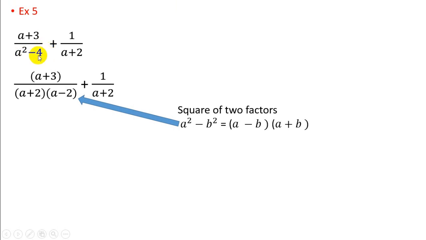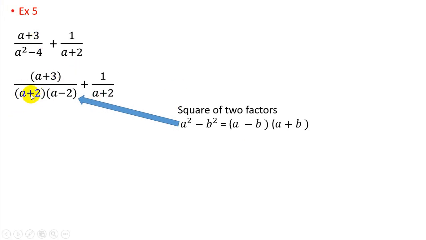So a square minus 2 square means a minus 2 into a plus 2. That is how you break up this fraction to get more clarity on the denominators, so that you will be able to write the LCM without any problem.